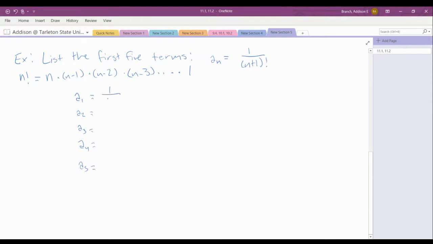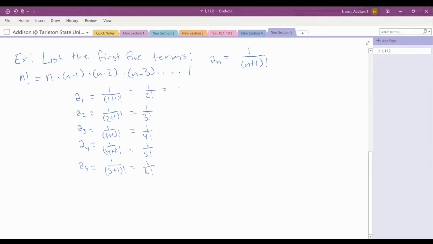So we get 1 over (1 plus 1) factorial, 1 over (2 plus 1) factorial, 1 over (3 plus 1) factorial, 1 over (4 plus 1) factorial, and lastly 1 over (5 plus 1) factorial. Now we can simplify these: 1 over 2 factorial, 1 over 3 factorial, 1 over 4 factorial, 1 over 5 factorial, and lastly 1 over 6 factorial.